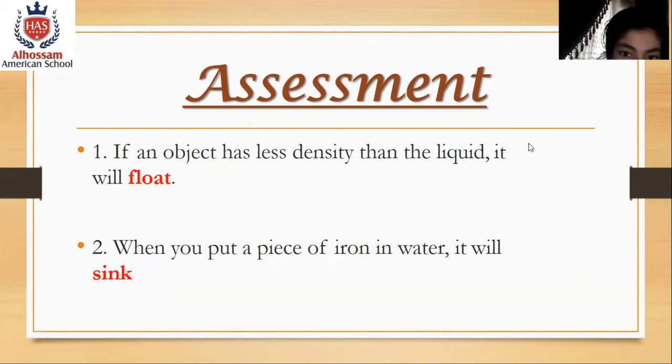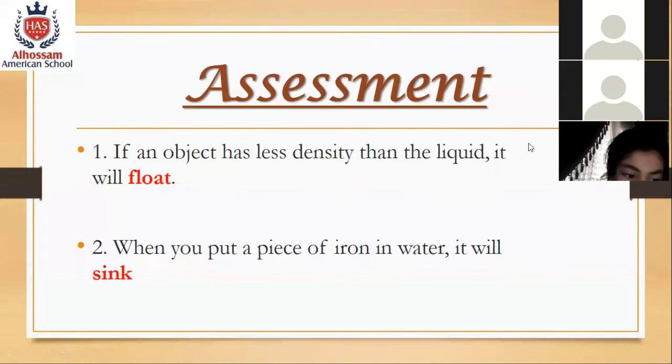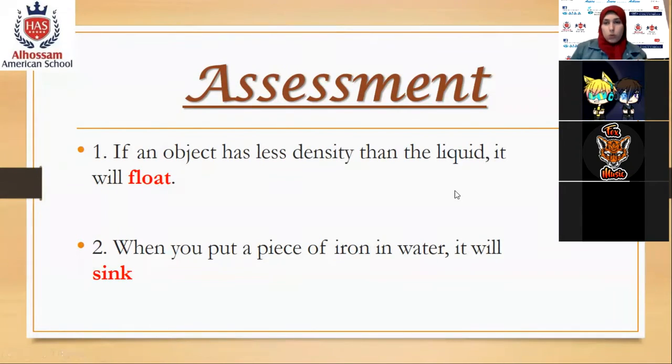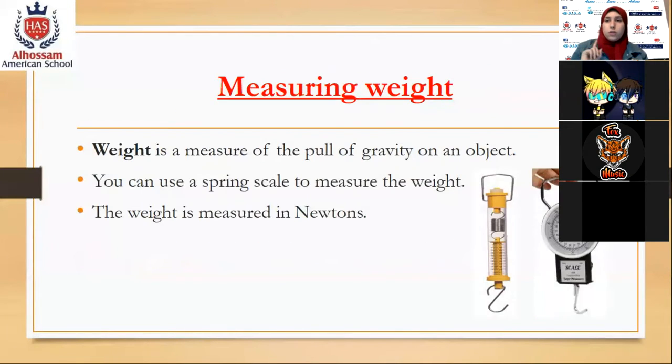Thank you, Ahmed. Okay, now we talked about the density. We talked about what is density. The density was what? The amount of mass in a certain volume. And we said that high density always goes down and low density goes up.